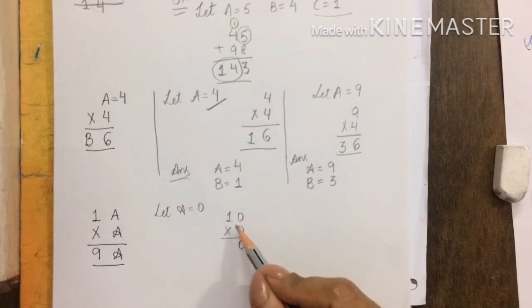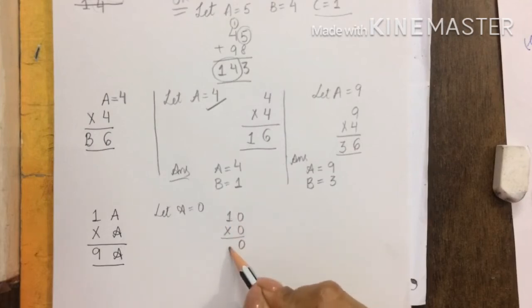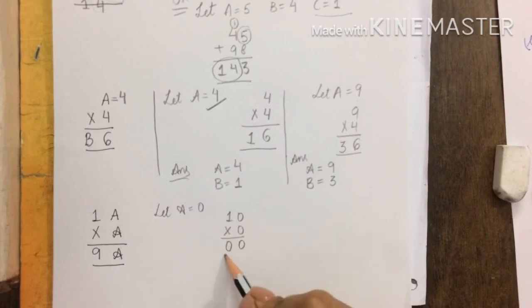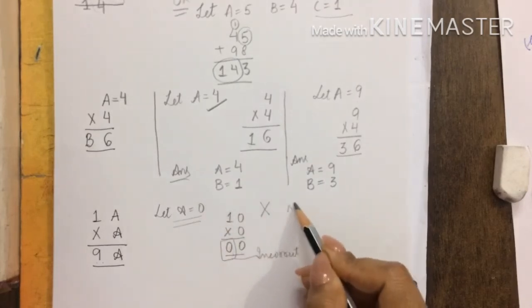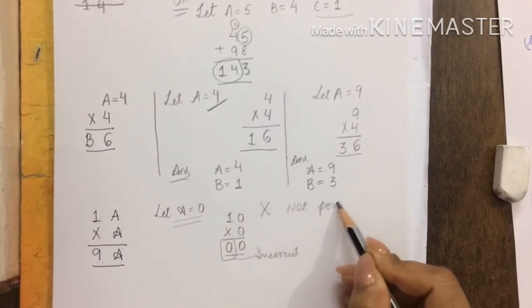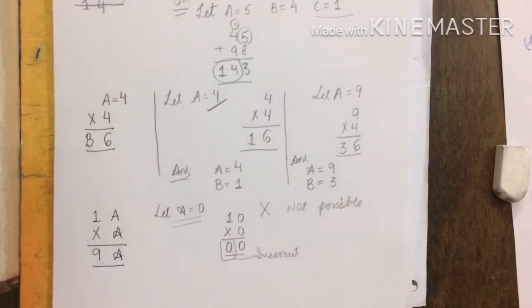But if I find the answer for the tens place, my tens place also comes out to be 0. Now this is incorrect, because in my question at this place I need to obtain 9, and what I have obtained is 0. So the value that I chose is wrong. This is not possible. I need to try some other value.